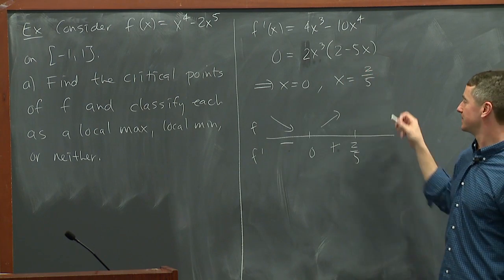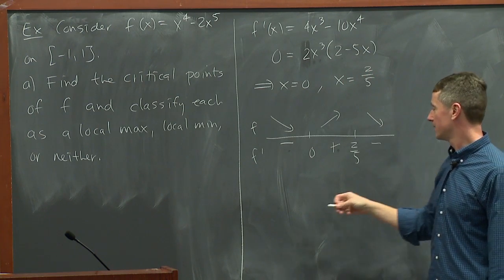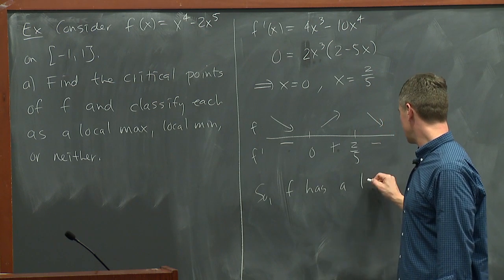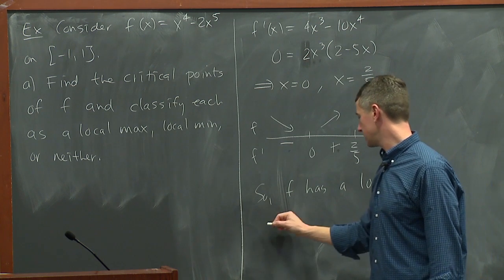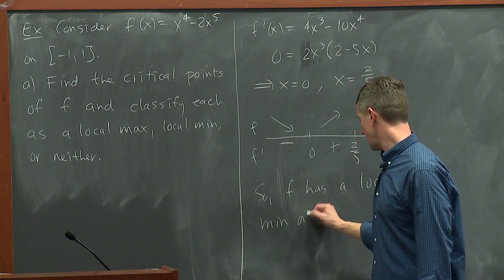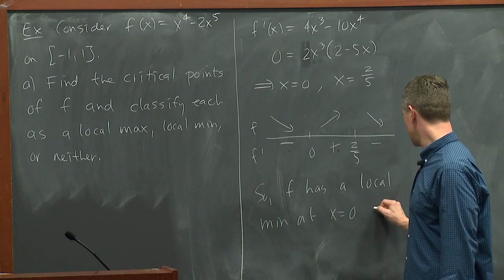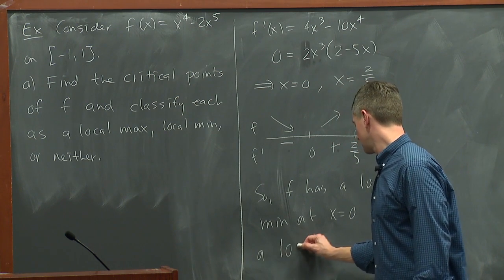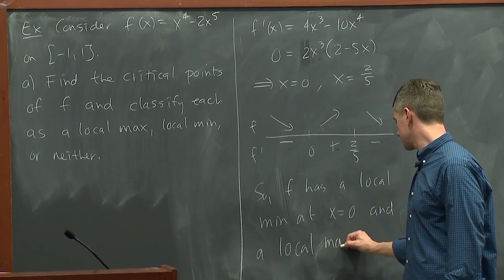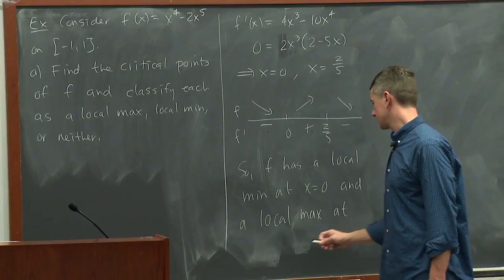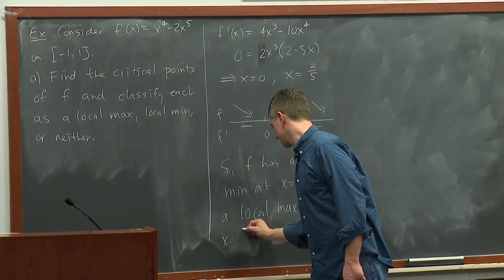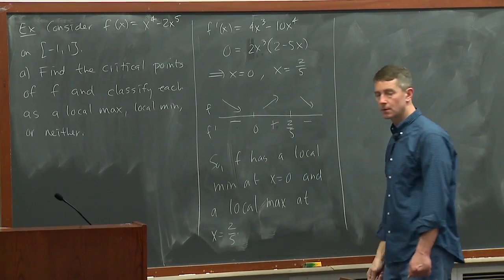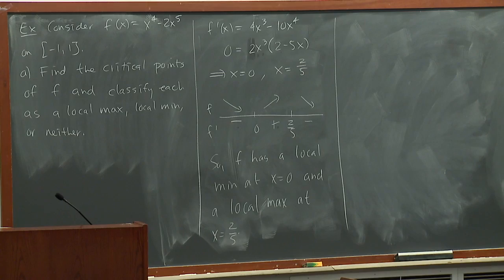And we get a positive times a negative, which is a negative. So f has a local min at x equals 0, and a local, what was the other one? Local max at x equals 2/5. Agreed?